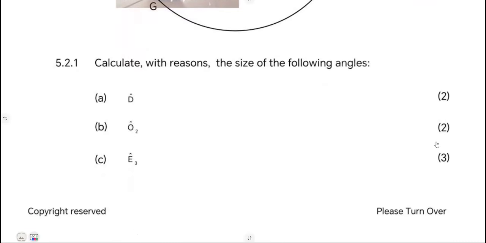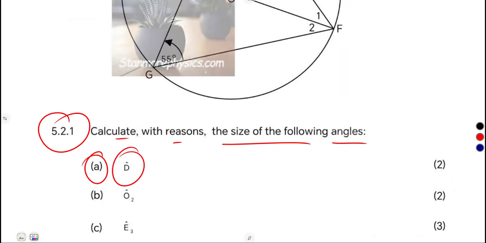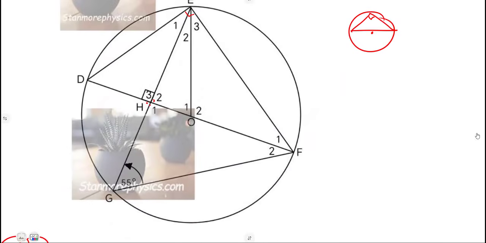They are saying we are supposed to calculate, on 5.2.1, with reasons, the size of the following angles. A, angle D. How can we determine angle D?